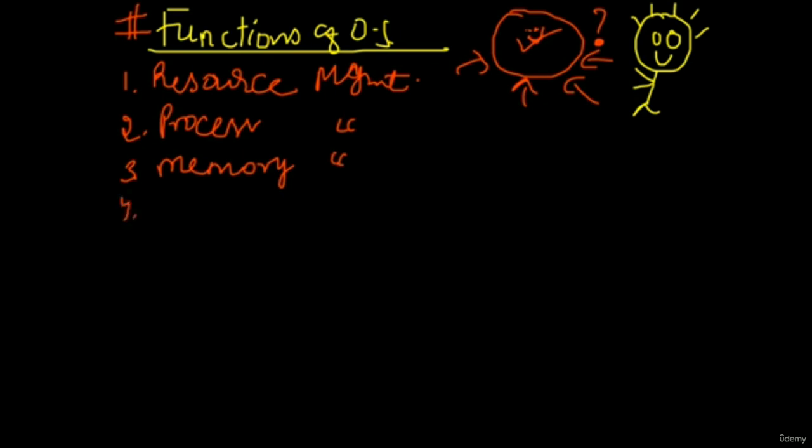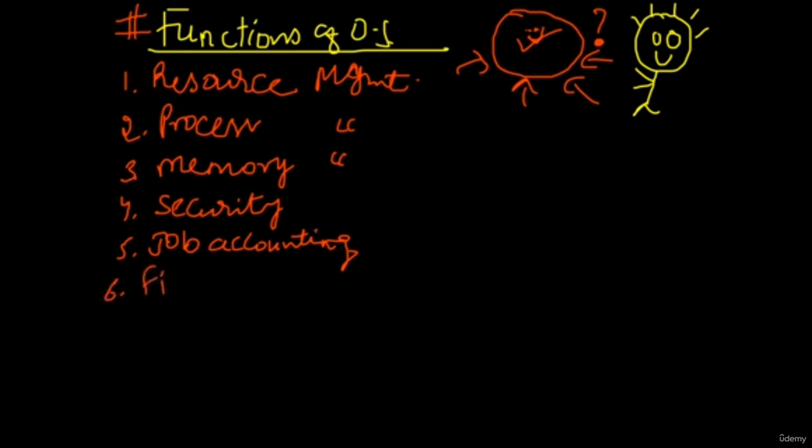The next one is security. The next one is job accounting. This is the fifth one. And the sixth one is file management. Well, file management is one of the most important things.